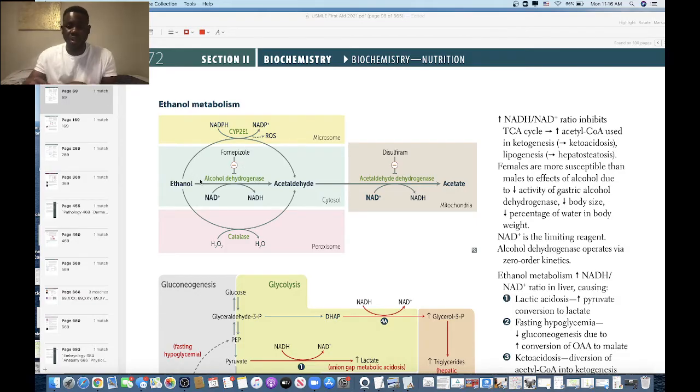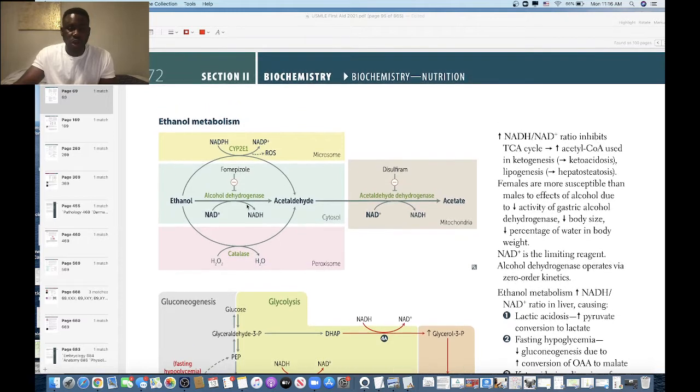And in other questions, what they want you to know is that when somebody drinks methanol, or antifreeze, you don't want them to convert it into acetaldehyde or formic acid, which are toxic to the body.